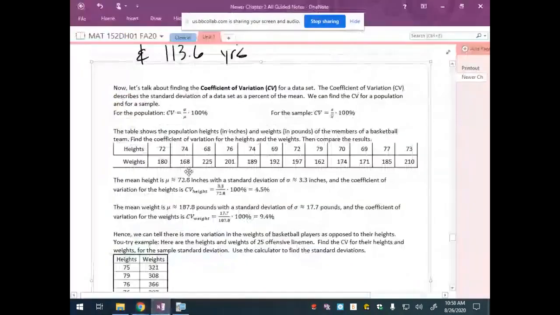I'm going to talk about the coefficient of variation for a data set. A data set could have a high or low level of variance, especially when we're comparing two different things, such as heights and weights, or even grades between classes.